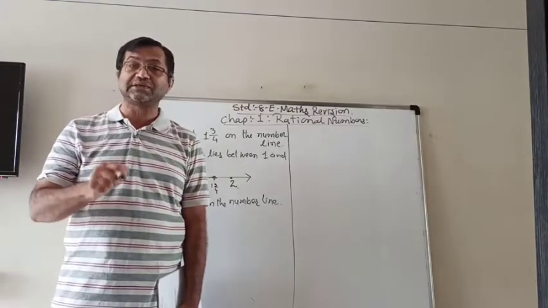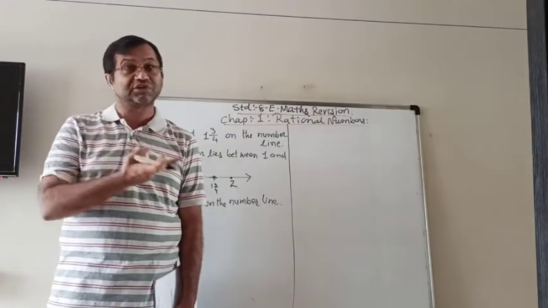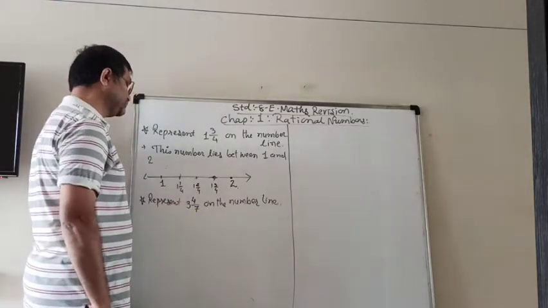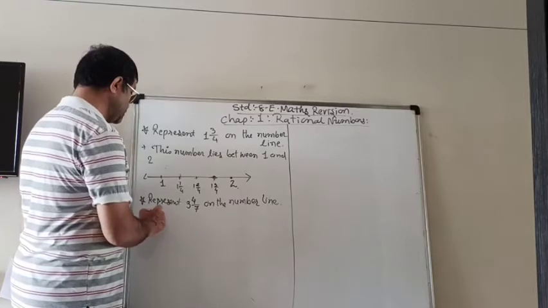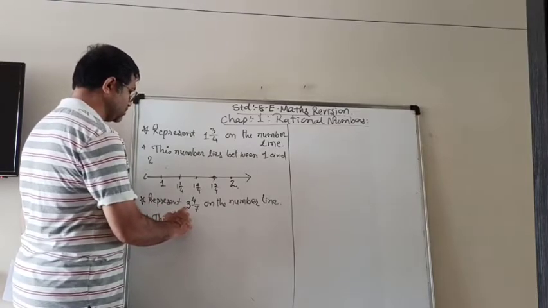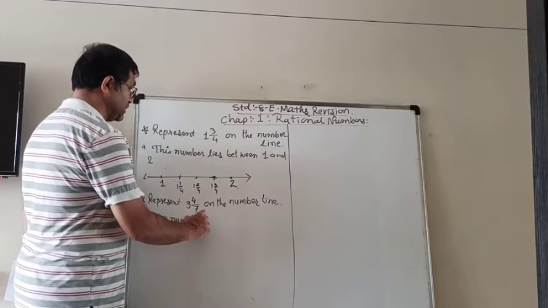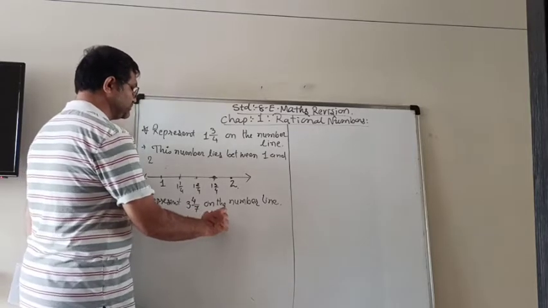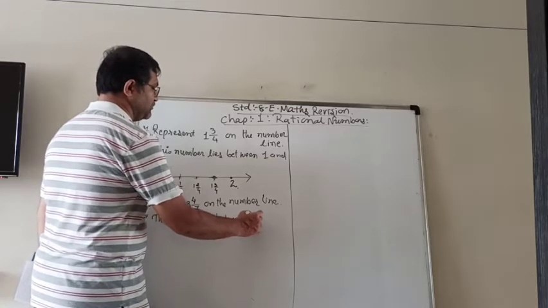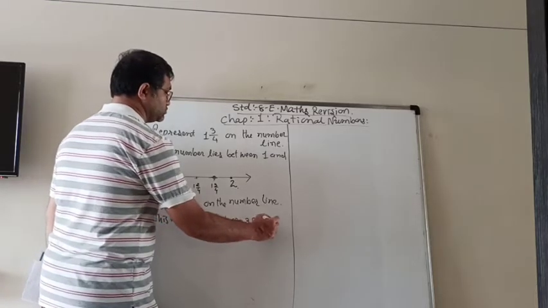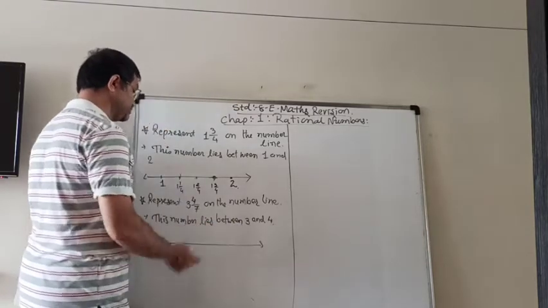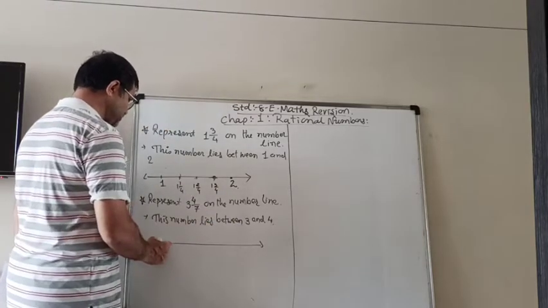So we know that this number lies between 3 and 4 because 3 is the integral part. After 3 it comes 4. So we can write down this number lies between 3 and 4. So we need not take from 0. We can start from 3.